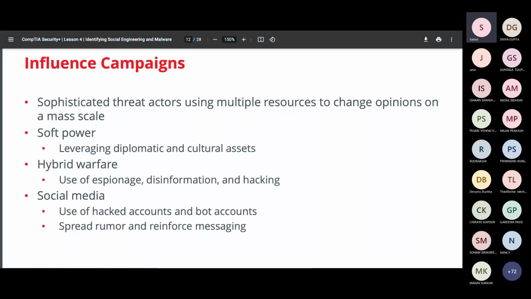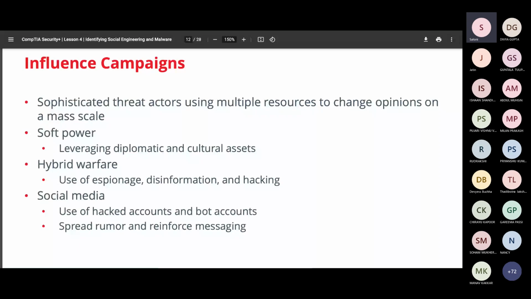So the goal of an influence campaign is to shift public opinion on some topic. पब्लिक ओपिनियन का किसी एक टॉपिक पे सारा शिफ्ट करना. So these are sophisticated threat actors which are using multiple resources to change opinions on a mass scale. पूरी पब्लिक का एक ओपिनियन चेंज करना किसी पर्टिकुलर टॉपिक पे on a mass scale, this is happening. How they are influencing the people. So this is basically a campaign being run.